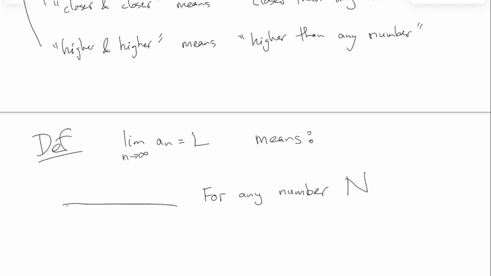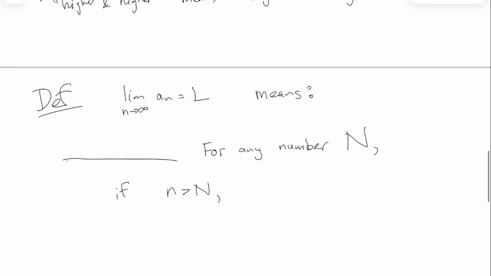So for any number big N, if the little n is bigger than the big N, the big N can be anything, and I am imagining that the little n is even bigger than that.